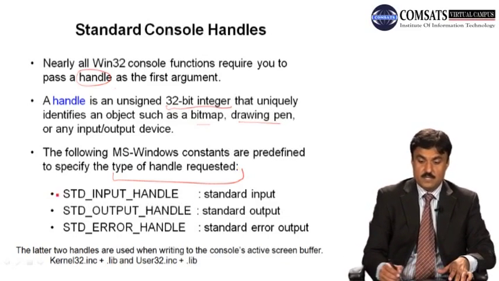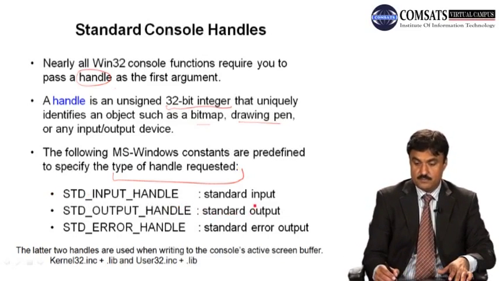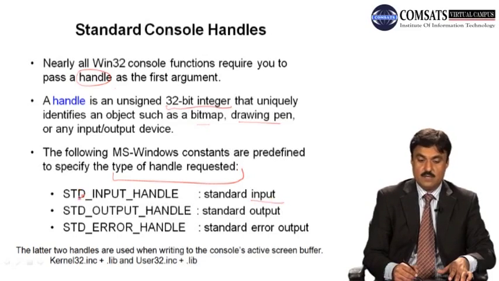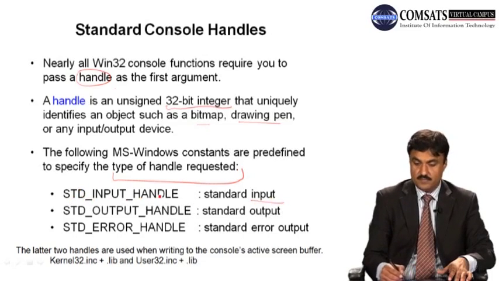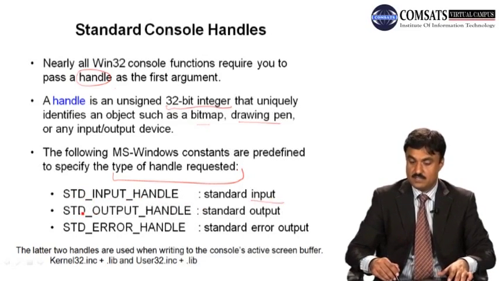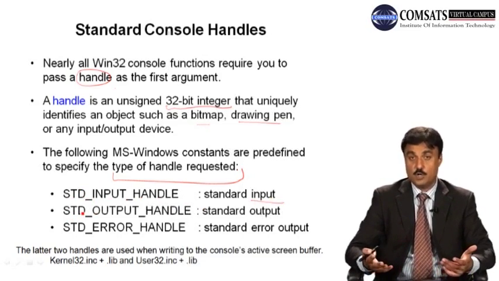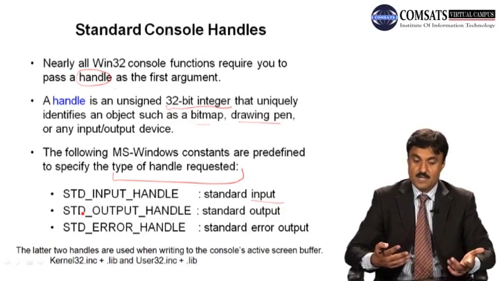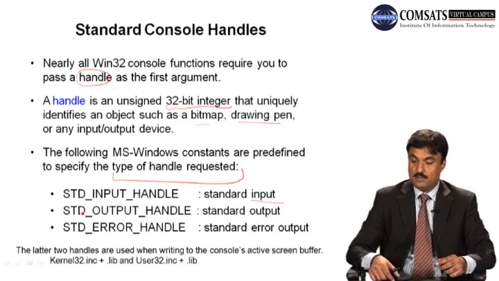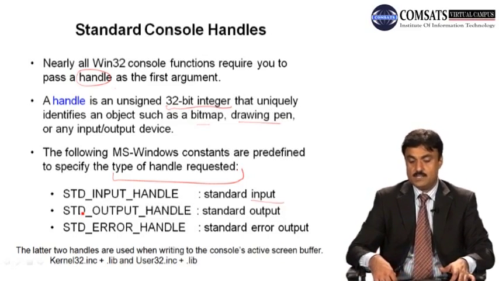If I need an input handle for the input devices, then I will use STD_INPUT_HANDLE. If I need the standard output handle, then I will use STD_OUTPUT_HANDLE and so on. And for the standard error output, I will use STD_ERROR_HANDLE and so on.